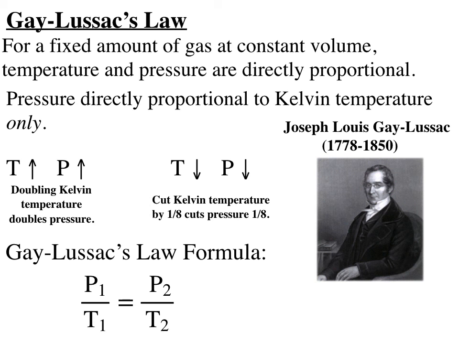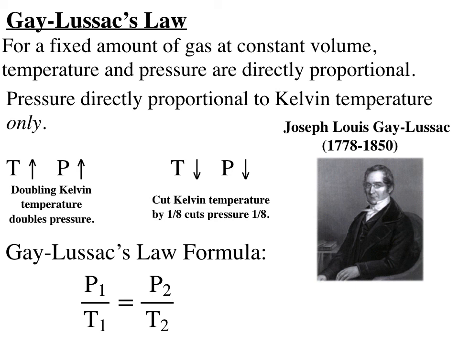Now, the proportionality between pressure and temperature is therefore direct, and this is true only for the Kelvin temperature. P goes up when T goes up, and P goes down when T goes down. Kelvin temperature up, pressure up.